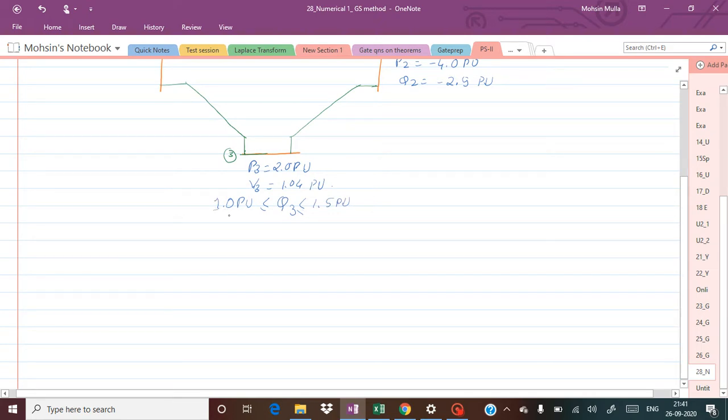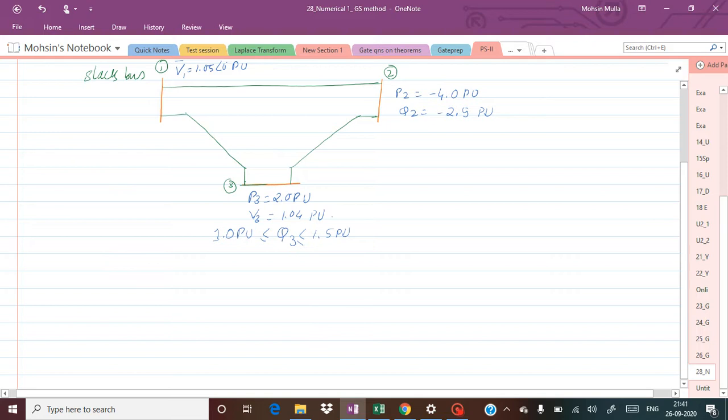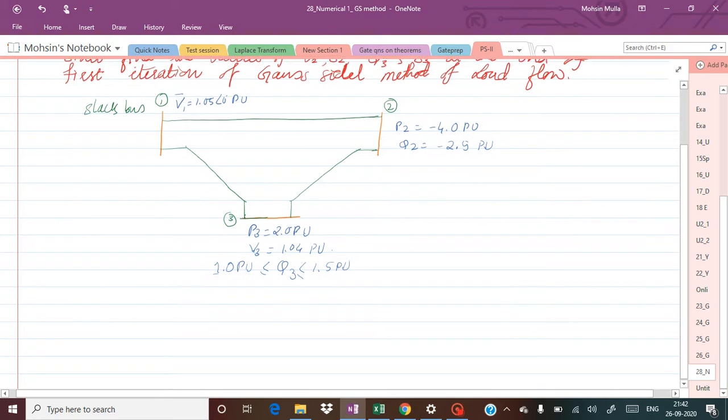If the value of Q3 obtained is greater than 1.5, then 1.5 will become its reactive power value, so automatically it will become a PQ bus. Similarly, when it is less than 1 per unit, the reactive power will become equal to 1 per unit, so Q will be known and it will become a PQ bus. But right now, whatever is specified is this.